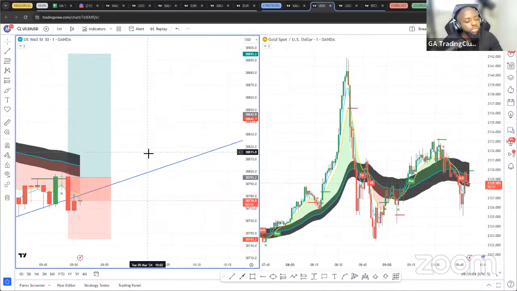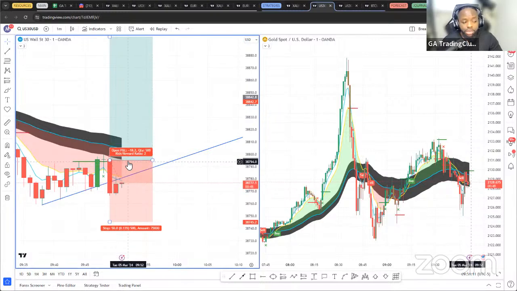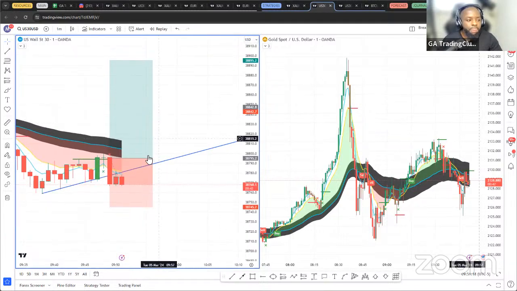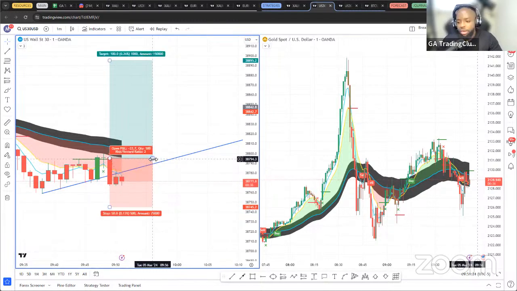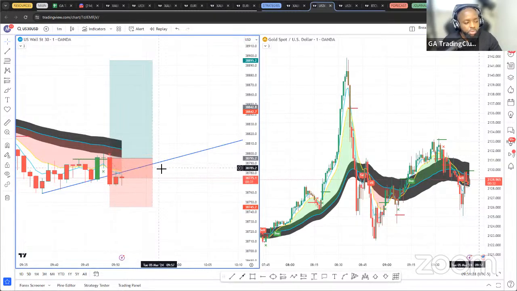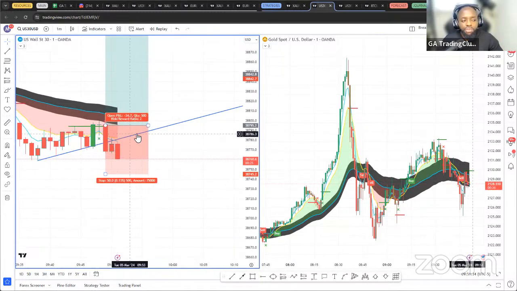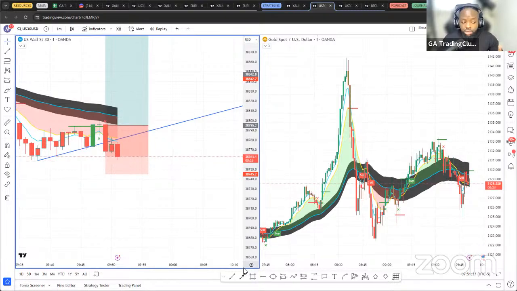If I were to get stopped out on this trade, this is a 200K account, I would lose 2K. My stop loss is 50 points, and right now I think I'm using a 40 lot with a 50 point stop loss. Instead of doing that, if I want to use an EA, I can say trade with like 5 lots and still have the same risk.